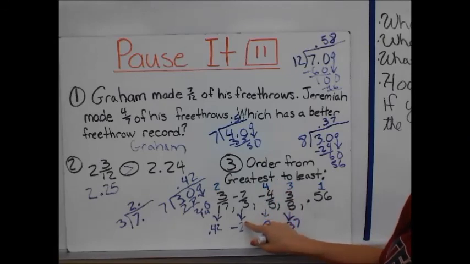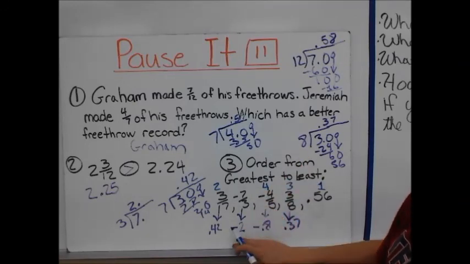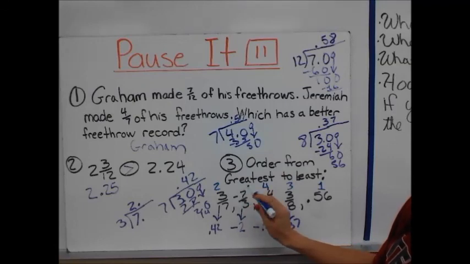And then the farthest away from 0 is -2 point, and it goes on to a decimal number, but I could stop here and still tell that it was the least.